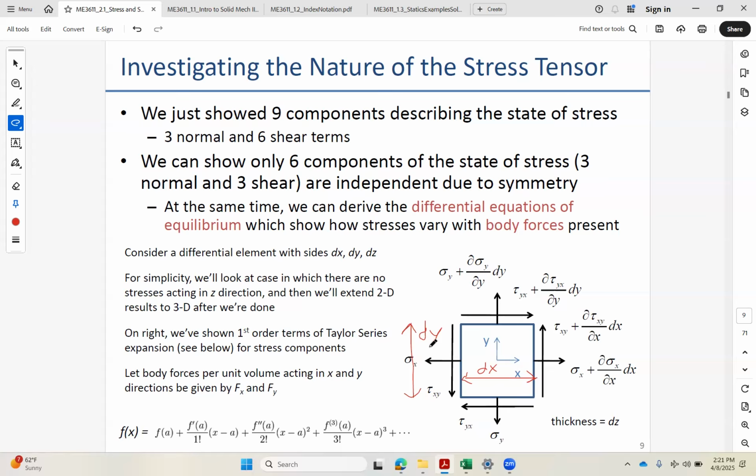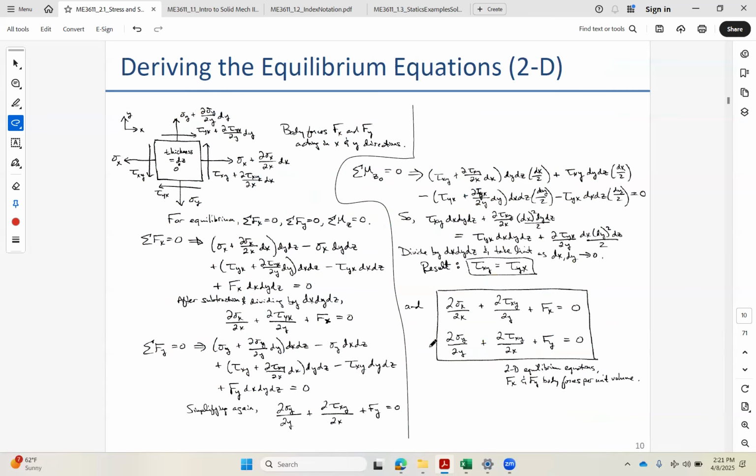Right. So this is for a finite cube, and then some thickness out of the page, dz. And we've got a possible change in stress from left to right and from bottom to top. So here's our free body diagram right there. And our equilibrium equations are still the same as they are in statics.